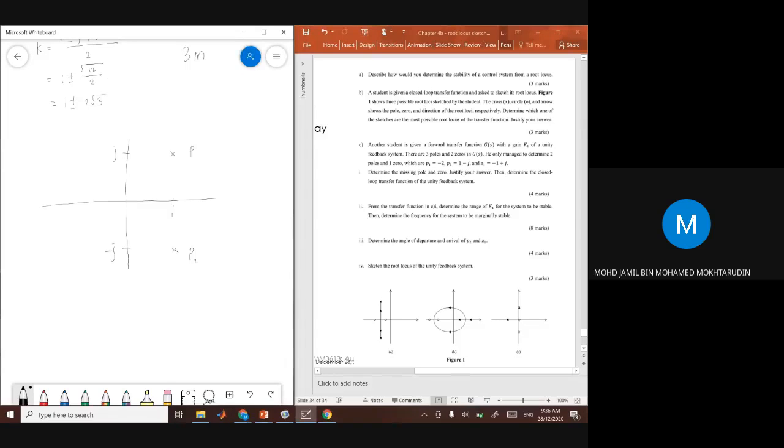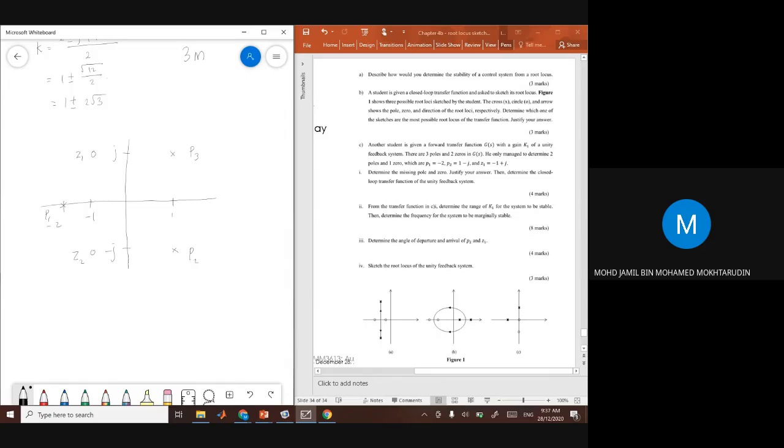Oh no, P3, and P1 is somewhere here. And then Z1 is here and Z2 here. Okay, let's do P2 first.